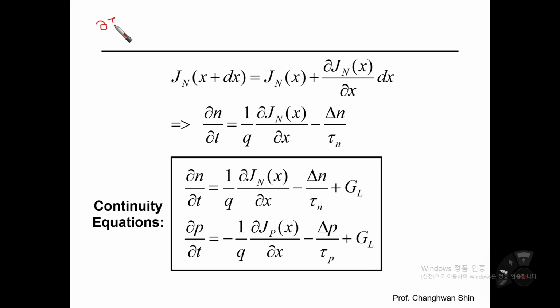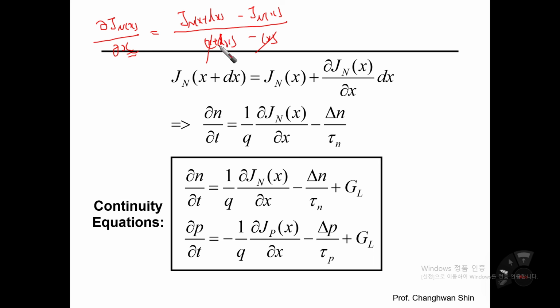And what is the definition for current density variation? I mean, how much has the current density changed with respect to x? How do we write it down? Yes, very simple: the current density at x plus dx minus the current density at x. And the J at x terms cancel out.